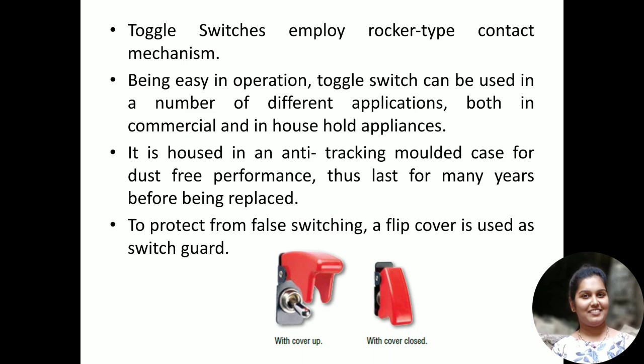But when we are using it for high ratings, or when we want to handle a bigger rating device, we cannot use this small kind of toggle switch. In those cases, the toggle switch handle can be attached to a bigger handle, so that the operation of the handle can be made easy.